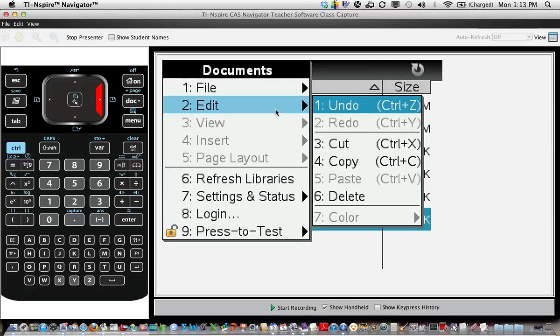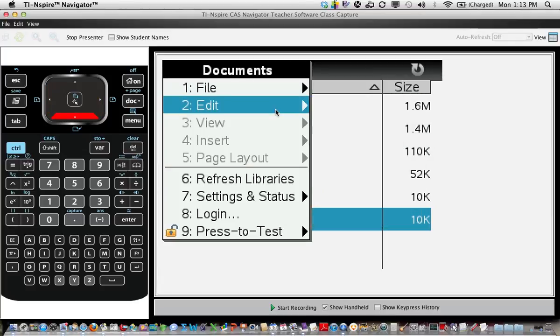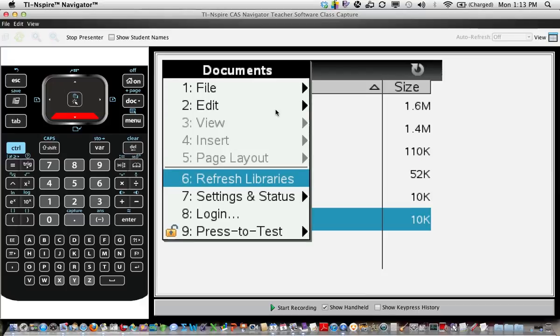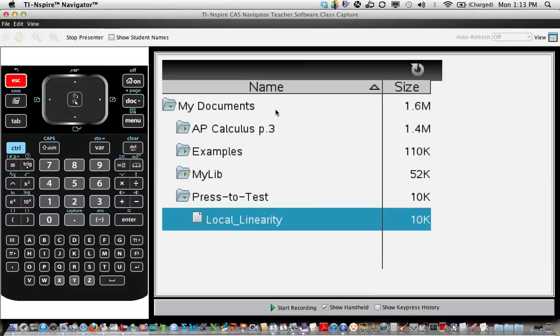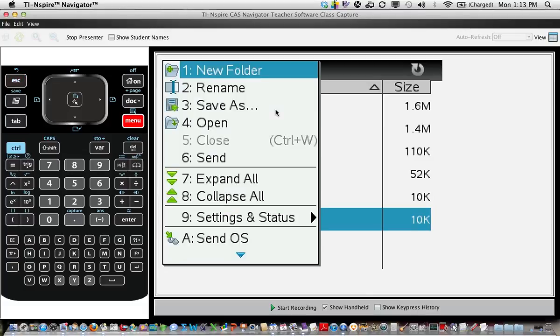That's not right either. Okay, hit Escape. Okay, go to Menu. Maybe it's Menu. Go to Save As.